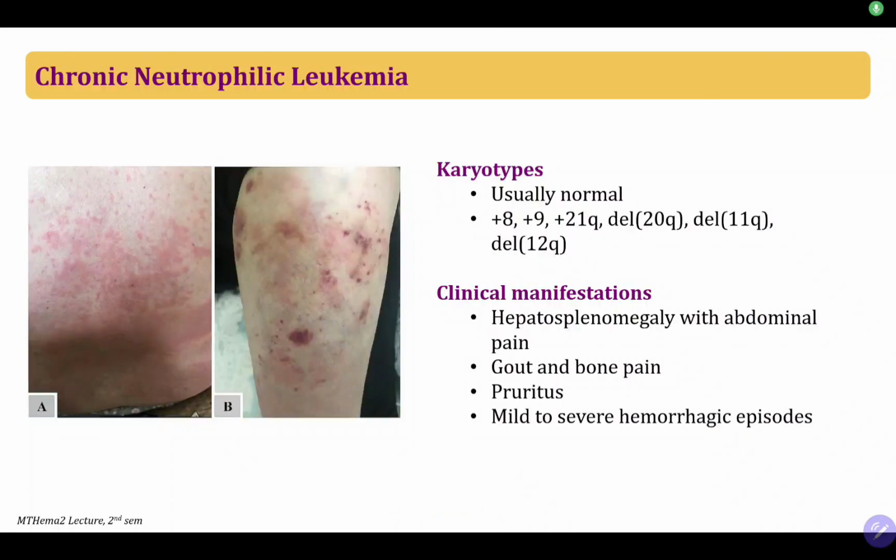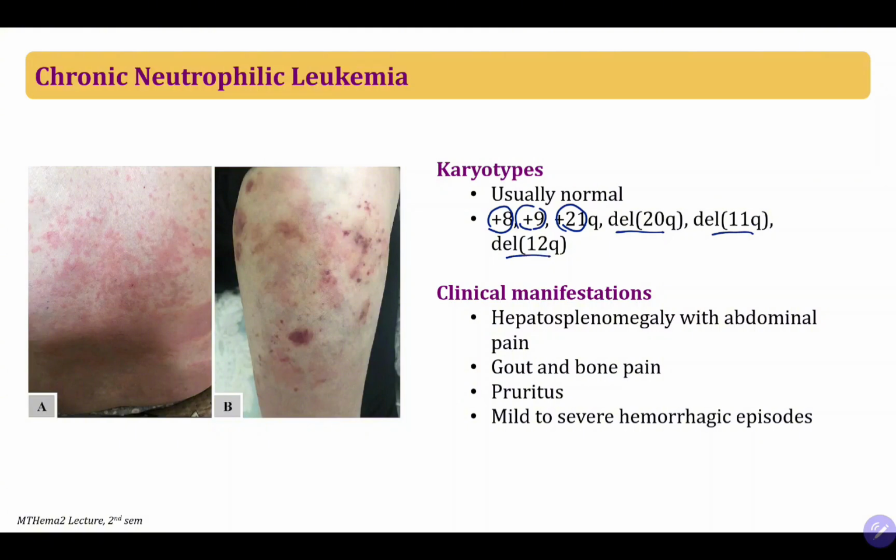Now, karyotypic changes are usually not associated with CNL, but in rare cases, there could be an association with trisomy 8, trisomy 9, and trisomy 21. There could also be deletions on the long arm of chromosome 20, long arm of 11, and long arm of 12.